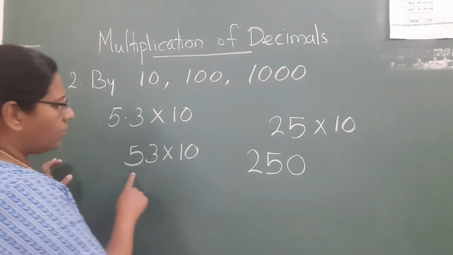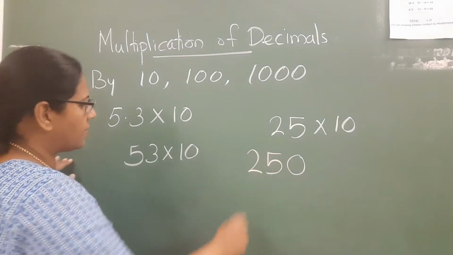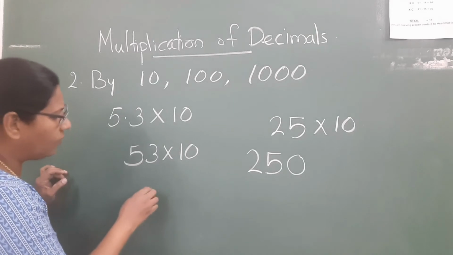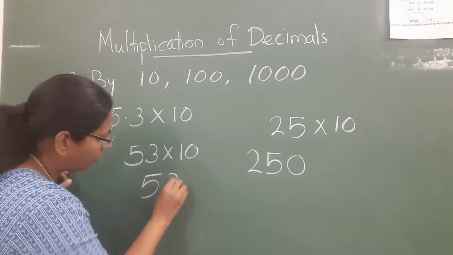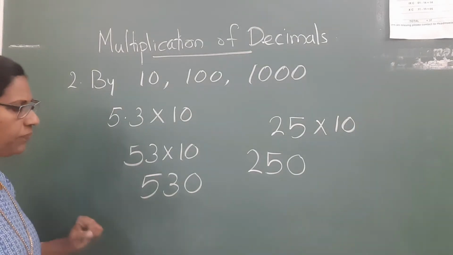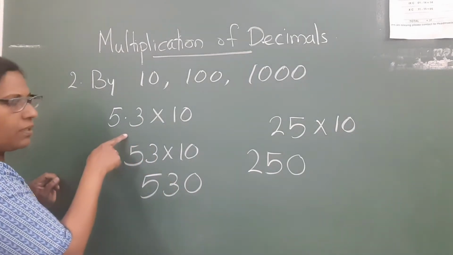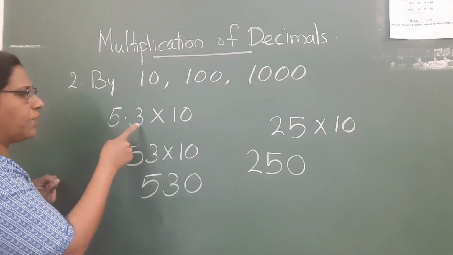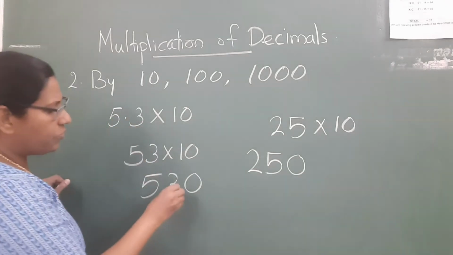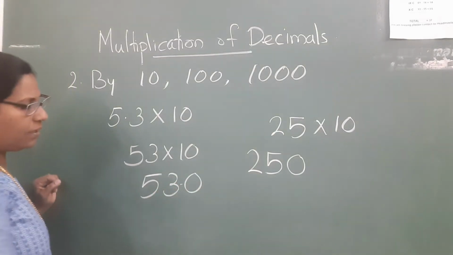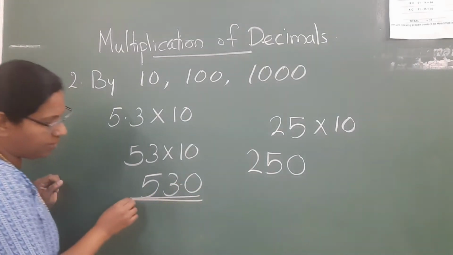Now, the way we do normal multiplication by 10, the same way we write 530. Now we have to see after how many places the decimal is: after 1 place. So here after 1 place we put the decimal, and we get the answer 53.